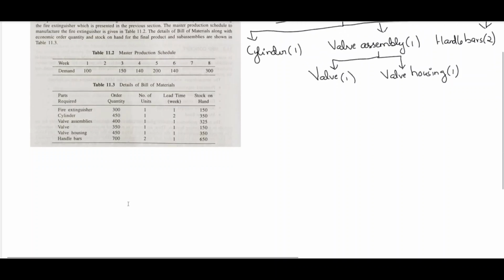So the rules for the MRP calculation: we know that the master production schedule gives the particulars about the demands of the final assembly, and the demand is also known as our projected requirements. First, I will be discussing the projected requirements.